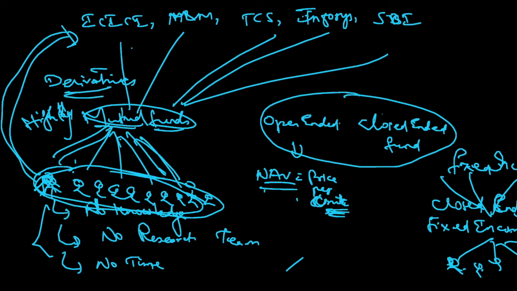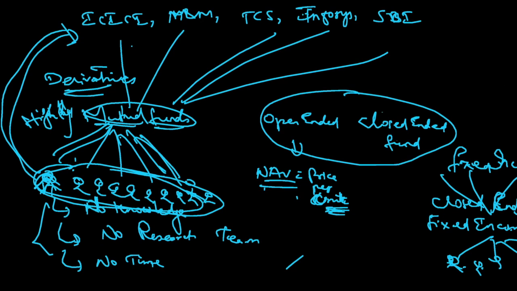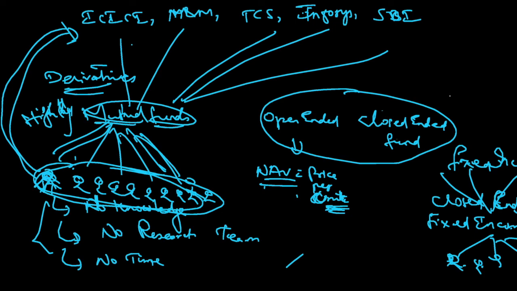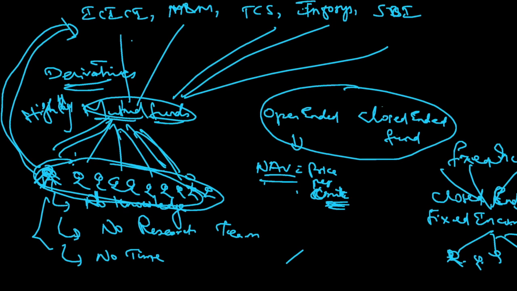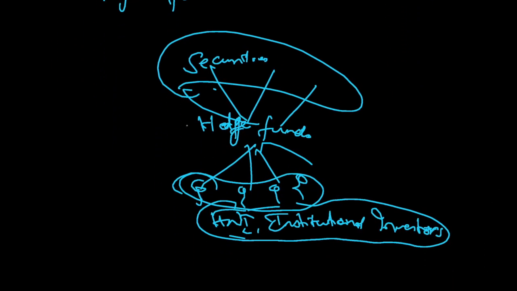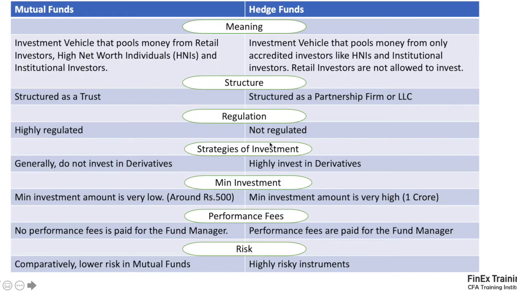They can invest in derivatives only for hedging purposes. Otherwise, they cannot invest in derivatives for making profit out of it. Whereas for hedge funds, derivatives are a major segment. They heavily invest in derivatives and take huge risk. So this is one major difference in terms of investment style.